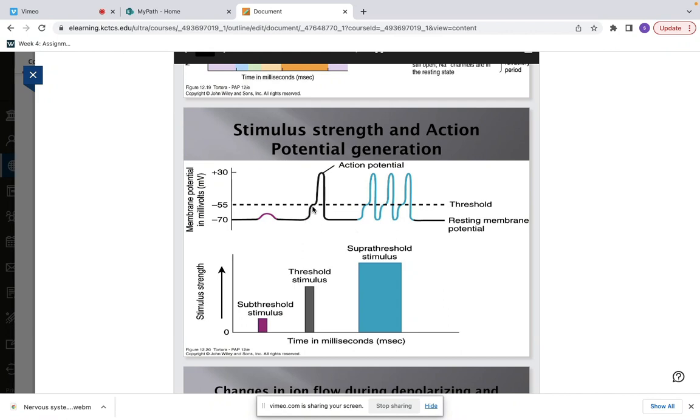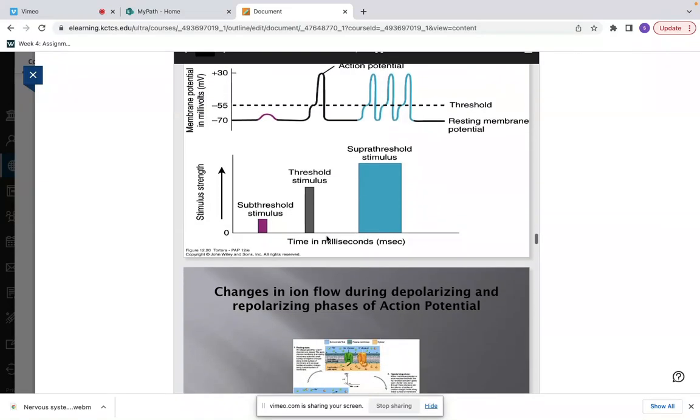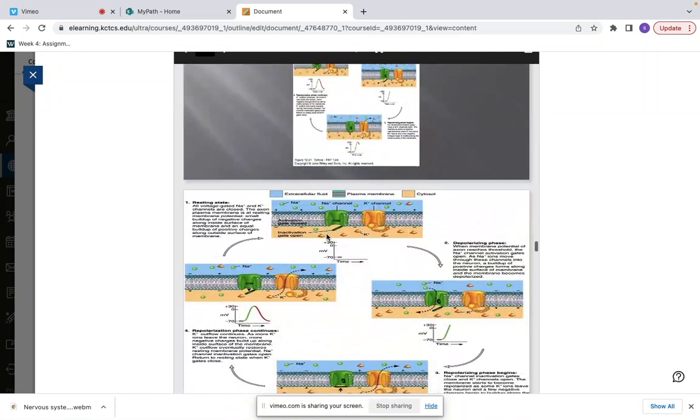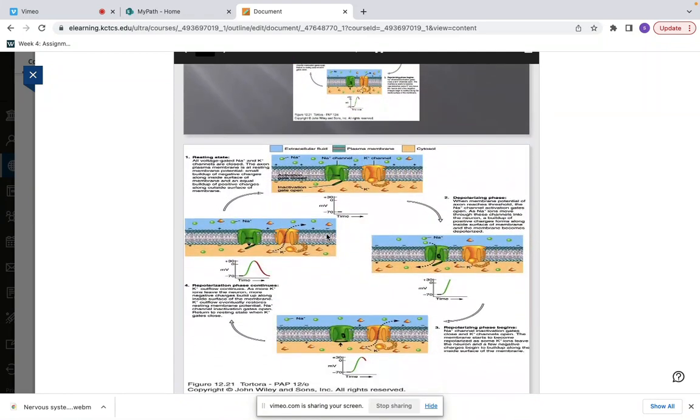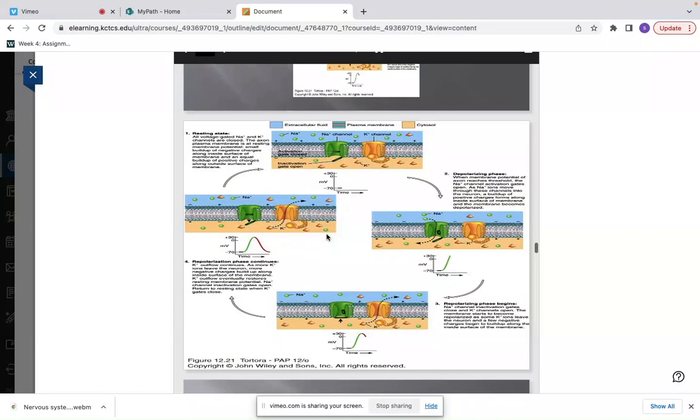Right, the threshold has been reached, in which we have depolarization. It's becoming less negative and more positive. Right, and this is called depolarization. Eventually, we're going to have something called repolarization, which is becoming more negative. Right, here's a picture that is very good for you guys to look at. It'll tie everything in.